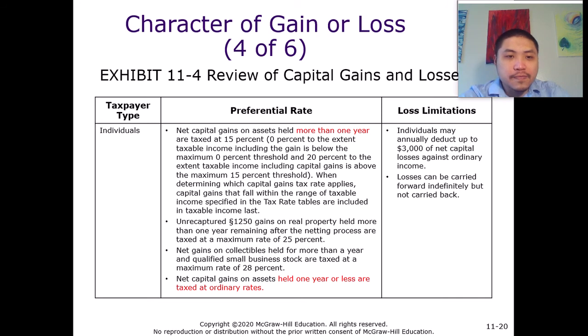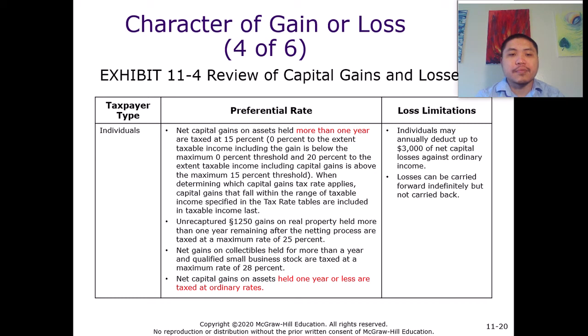And then there's another type of capital gain, which is Section 1250 gains. This is the gain for real property assets, and we will discuss that in a moment.